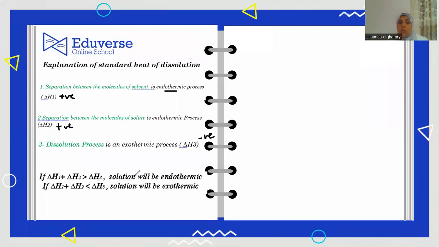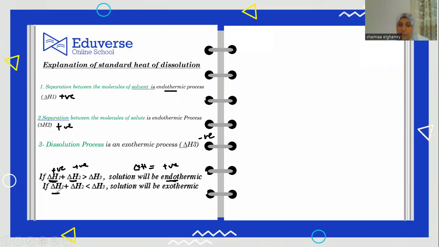So the final delta H of the solution will be endothermic when delta H1 plus delta H2, which both have positive values, is greater than delta H3. So delta H final for the solution will have a positive value.